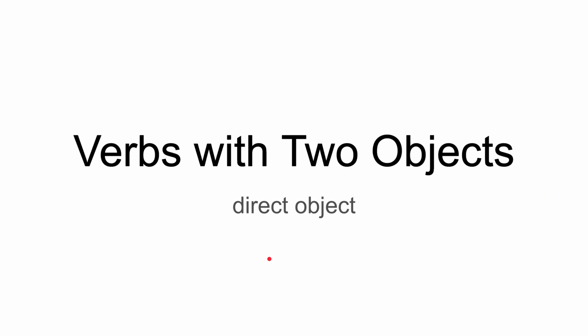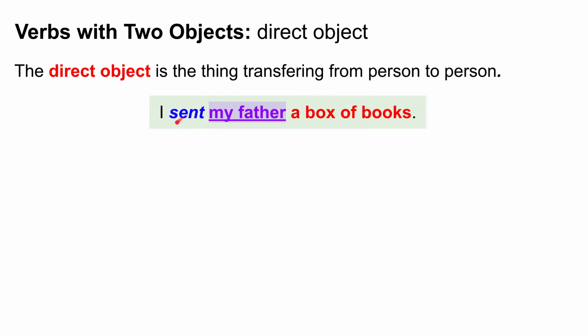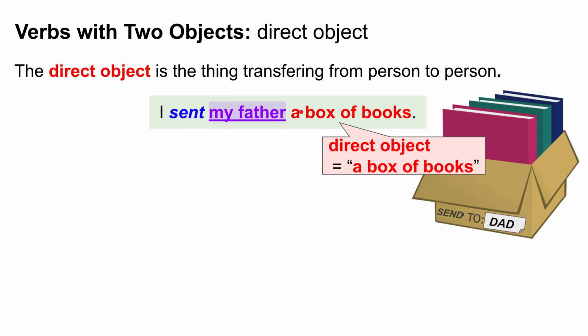Let's look at the direct object. The direct object is the thing transferring from person to person. So for example, I sent my father a box of books. What is being transferred from I to my father? Well, the direct object, a box of books.